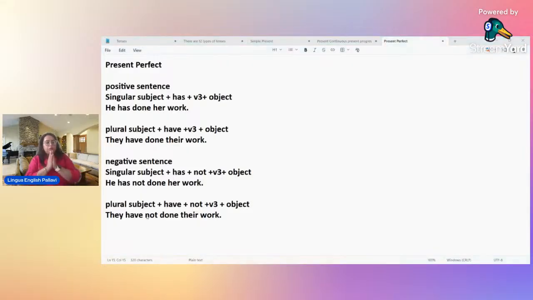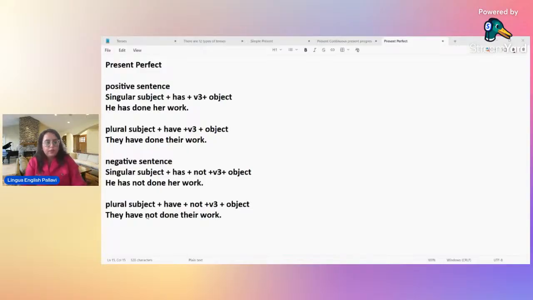So, if you know the singular positive sentence in present perfect, you can easily know the negative also. Negative means just adding not to it. So singular subject plus has plus V3 plus object, that is, he has done her work.